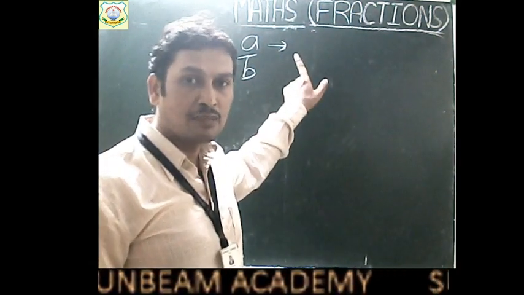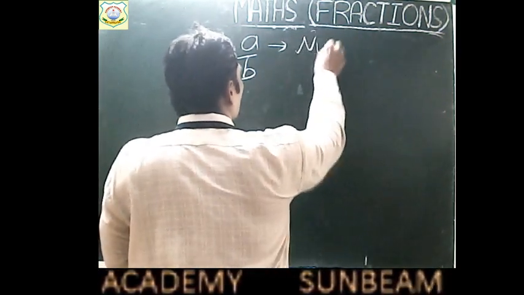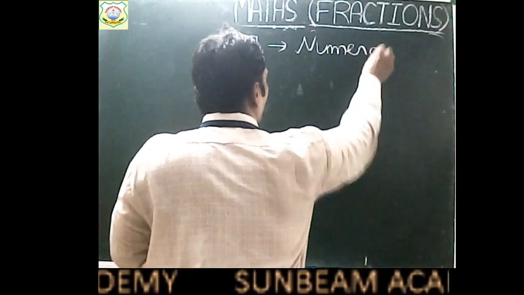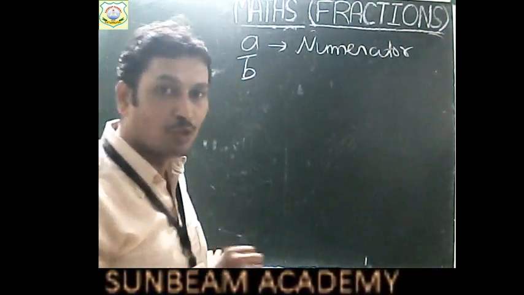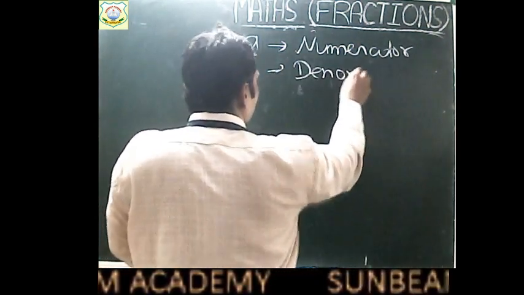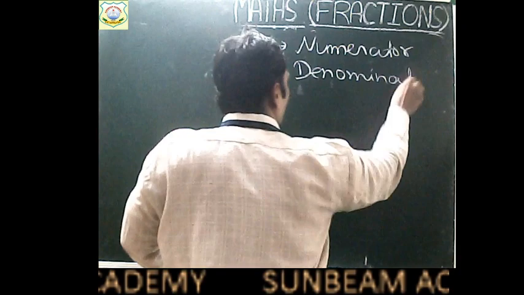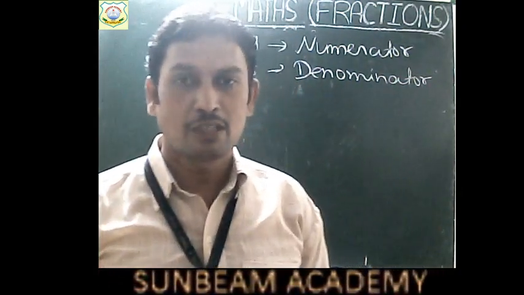By what name is the upper part known as children? Upper part is known as numerator, right children? Upper part is numerator and the lower part is known as the denominator, right? So numerator and denominator.